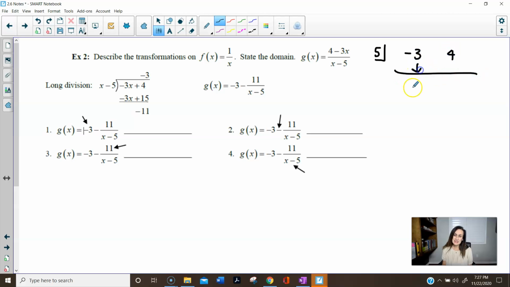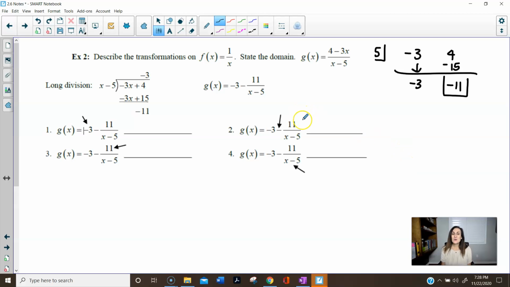So I would bring negative 3 down. Negative 3 times 5 is negative 15, and negative 15 plus 4 is negative 11, which is the remainder. So if this was x to the first, then the answer is going to be negative 3, subtract 11, that's your remainder, over the x minus 5, which is your divisor.